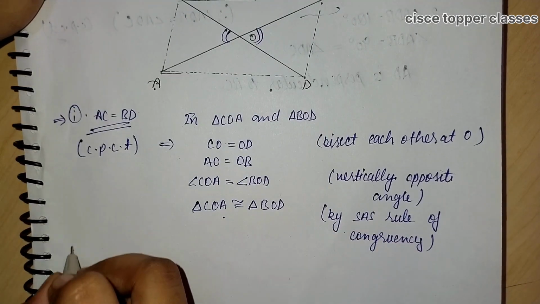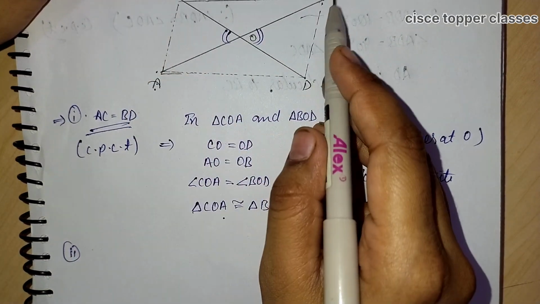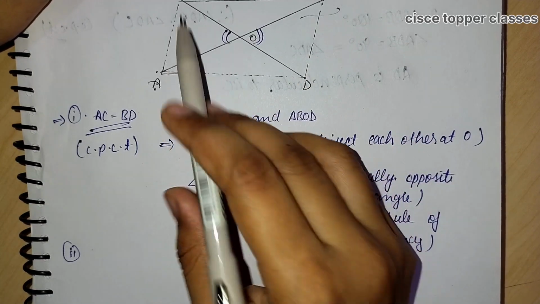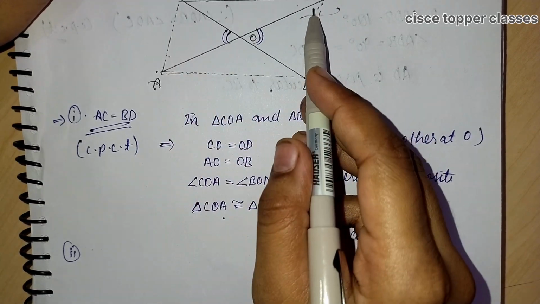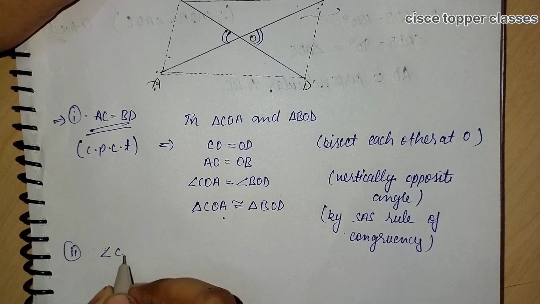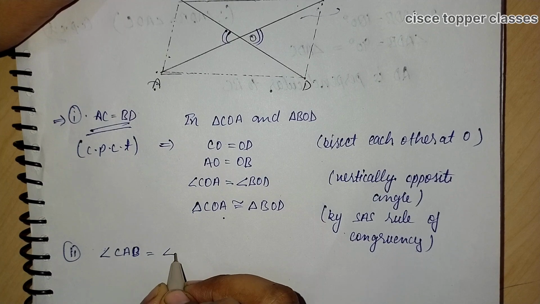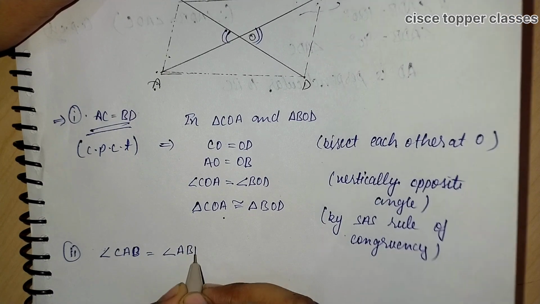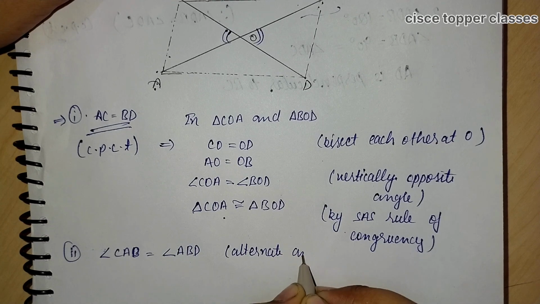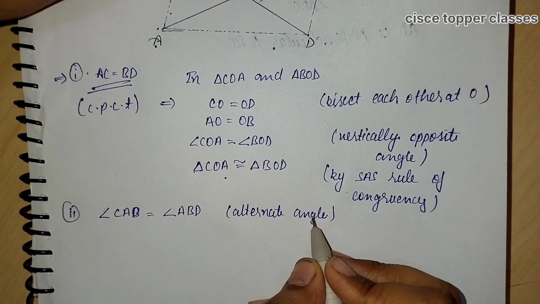Now, the second part which is here is angle CAB is equal to angle ABD. Because these are two adjacent sides, we can prove that angle CAB is equal to angle ABD because of alternate angles here.